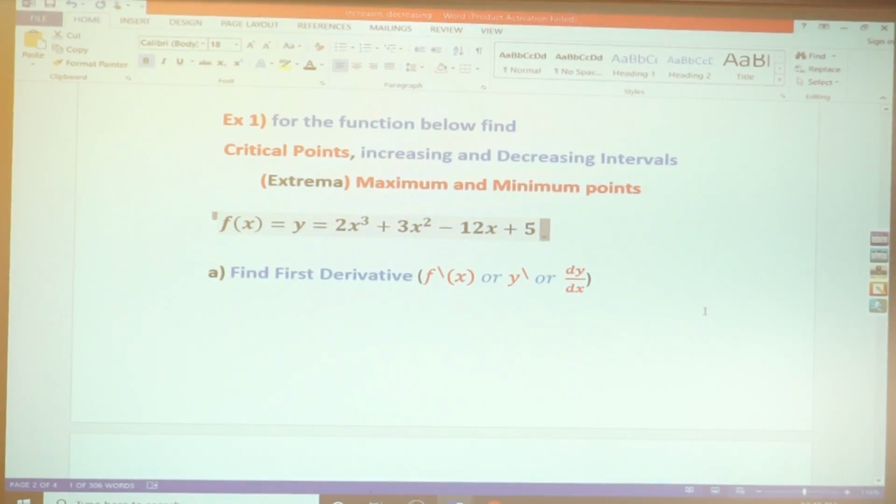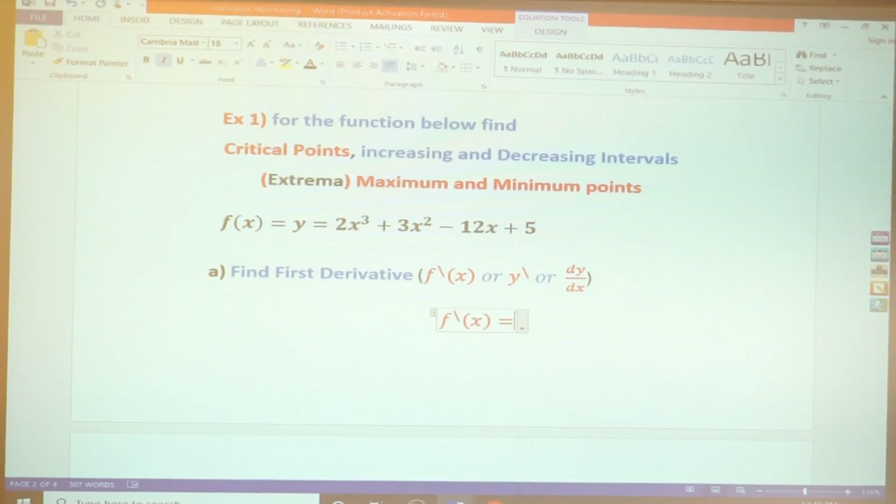Y equals f of x equals 2x cubed plus 3x squared minus 12x plus 5. Let me find f prime of x. That's what I need to find, the derivative. Together, what is the derivative of 2x cubed?